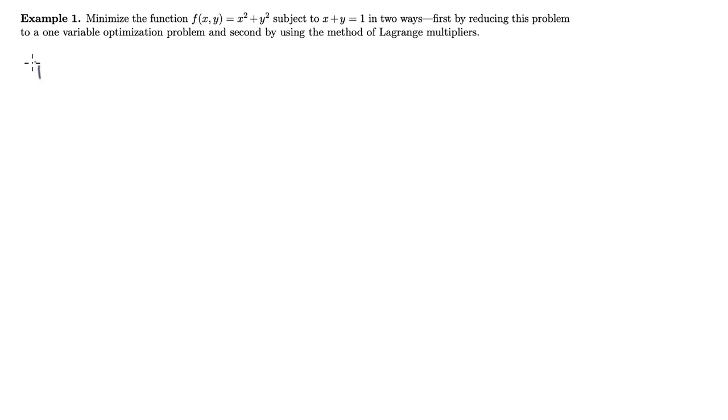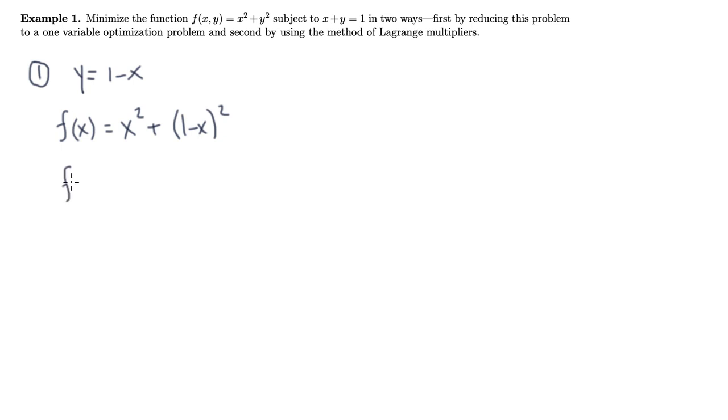So method 1, what we would do, we want to optimize this function, minimize this function, subject to this constraint. Well, I can solve and just say y is equal to 1 minus x. But then if I plug this in, I get a function of 1 variable. So if I plug in 1 minus x for y, I get x squared plus 1 minus x squared. Notice this is now a function of 1 variable.